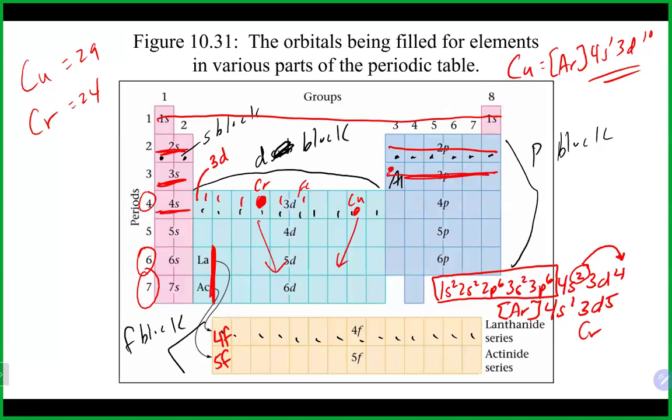But for us and most chemistry classes you take, chromium and copper are the two main ones that they want you to remember. But we saw things like silver have an exception. Things like palladium have, for example, no electrons in the s. They've all been promoted up to d. So there are a number of exceptions on the periodic table below those two, down and in, where you'll find similar types of exceptions.